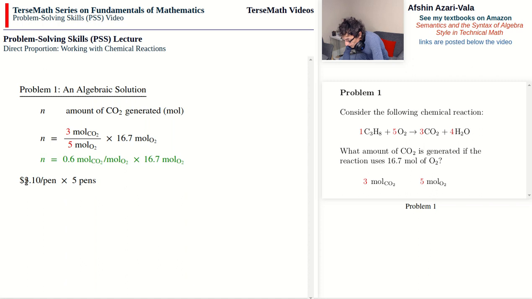So if we know how many dollars per pen, it makes sense to multiply by the number of pens to find the total amount of money that we spent. In that sense, this is the same as dollars per pen. It's moles of CO2 per mole of O2. And in the same manner, we multiply by the amount of O2 in moles to find the total moles of CO2.